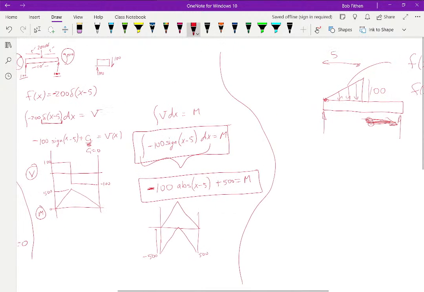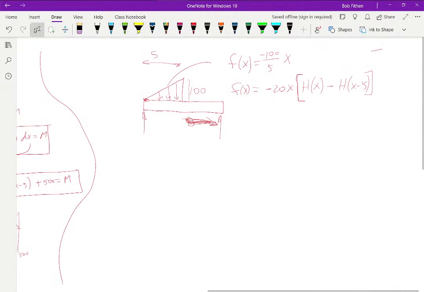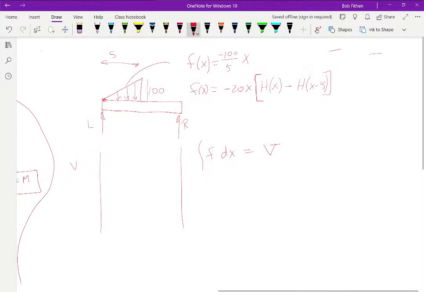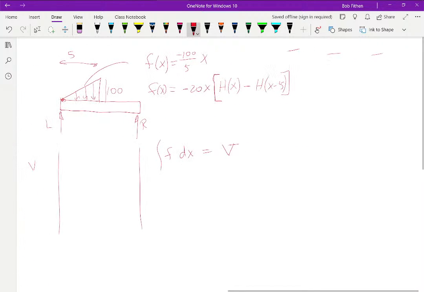Now, I want to go back in here. I want to do the integral of f dx. That's going to be my shear, which I'm going to plot down here. So I'm going to plot my shear. One of the things I don't know right now is what my left and right load is going to be. Now, I'll slide to the right a little bit and see if I can figure out that value in a second here.